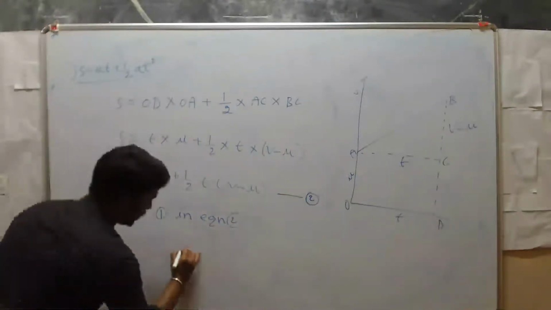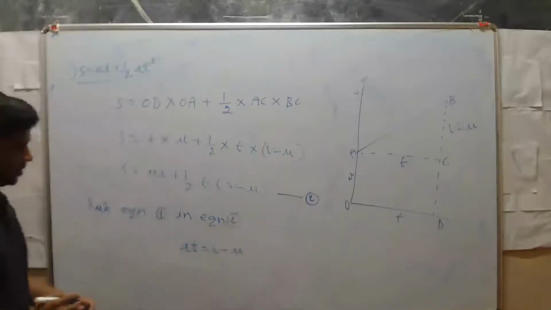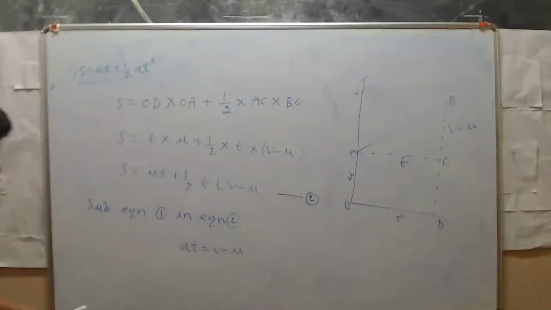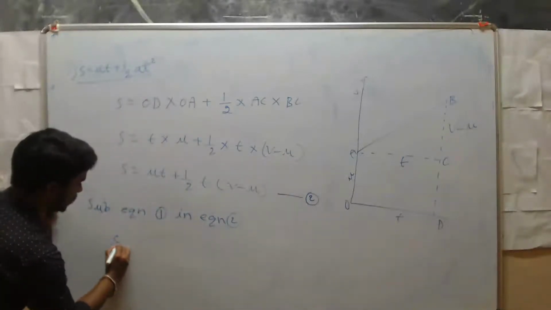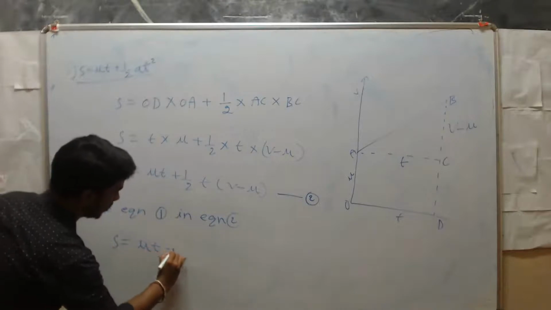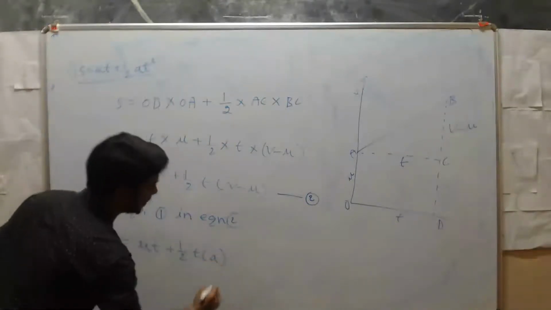That is, AT is equal to V minus U, right? S is equal to UT plus half T into AT.